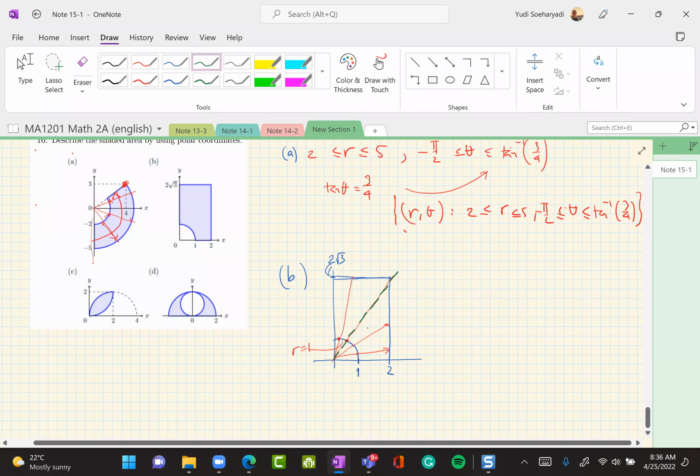So theta equals y over x, so 2, 2. Okay, so what's the angle for theta? It gives you the square root of 3.